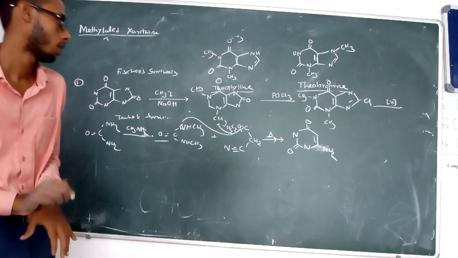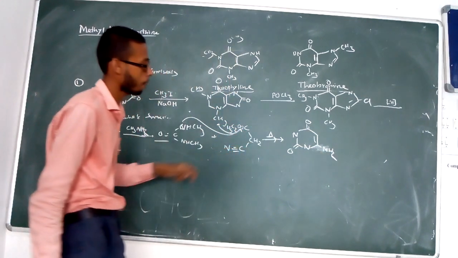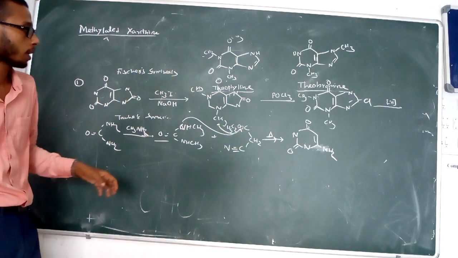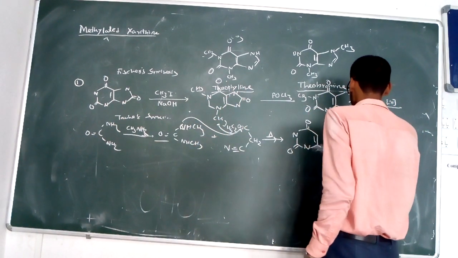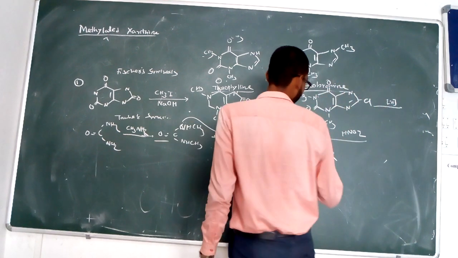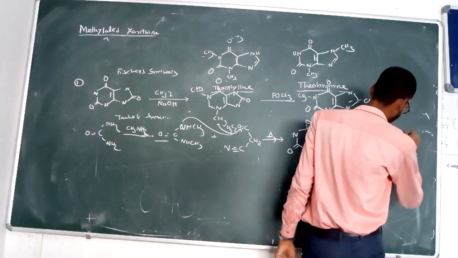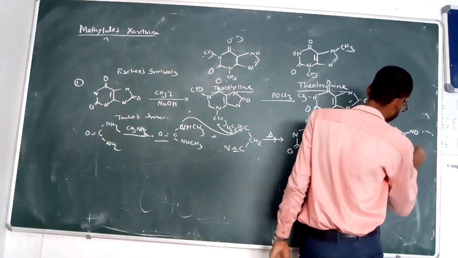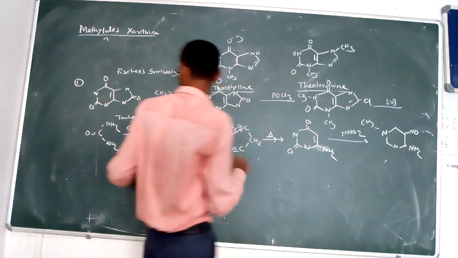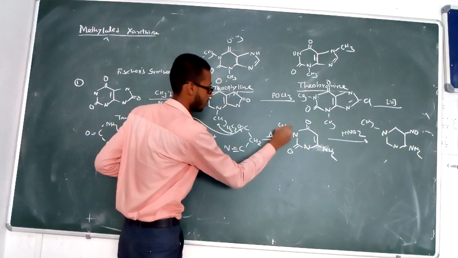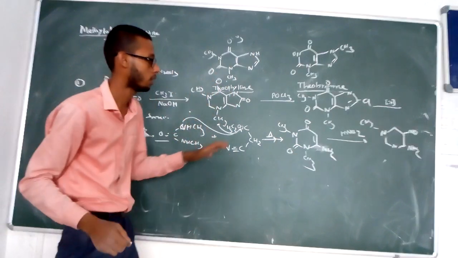So it will form 6-amino uracil, and that we further treat with HNO2 or nitrous acid. So at the 5 position we can obtain NO, the NH2, remaining are the same, this is the NCH3.